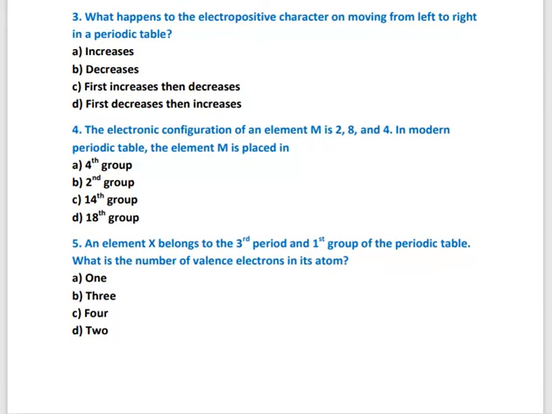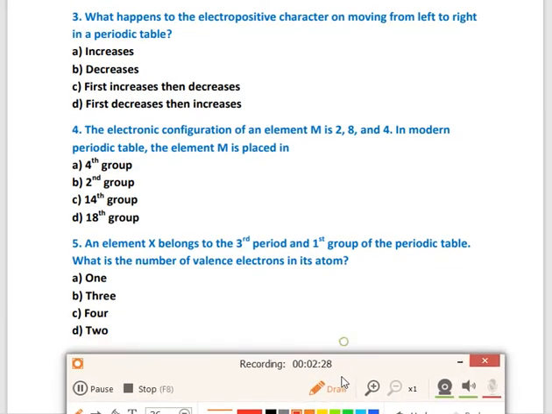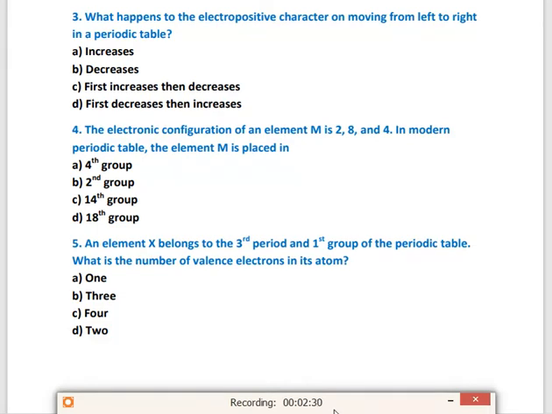Now the third question is, what happens to the electropositive character on moving from left to right in the periodic table? Left to right means moving in a period; what will be the change in the electropositive character? When we move from left to right in a period, the electropositive character decreases.